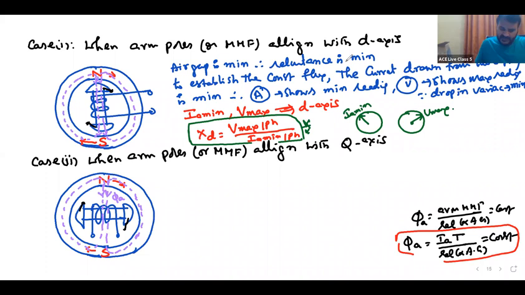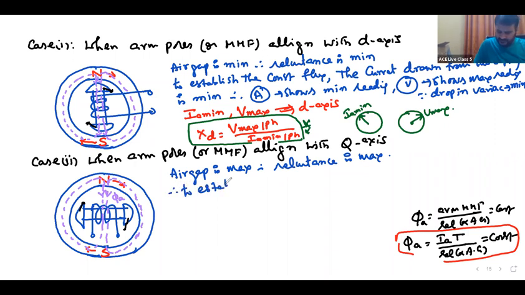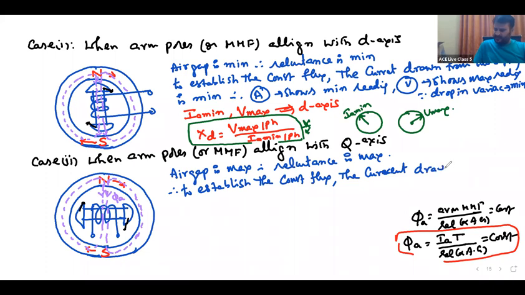See here, when the armature poles are in this position, the air gap is maximum. Therefore, reluctance is maximum. Therefore, to establish the constant flux, the current drawn from the supply is maximum.